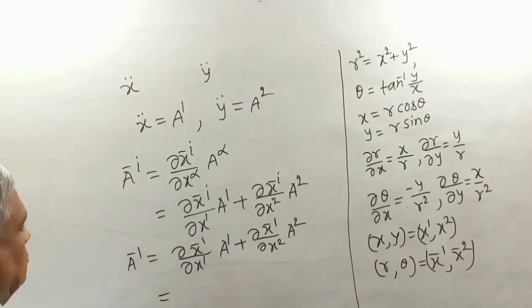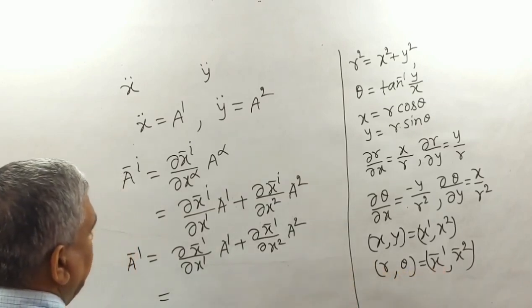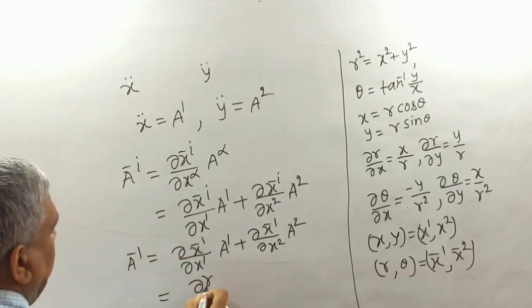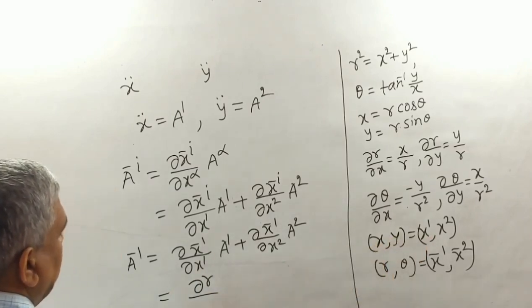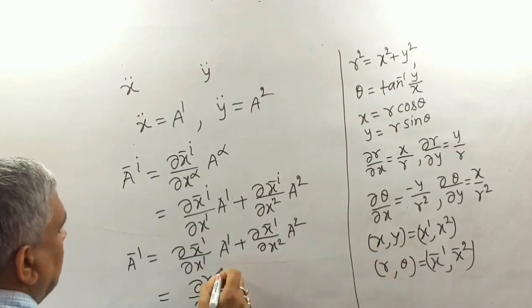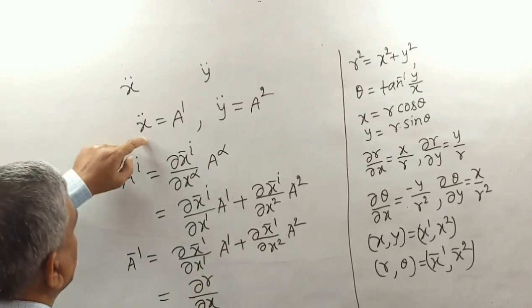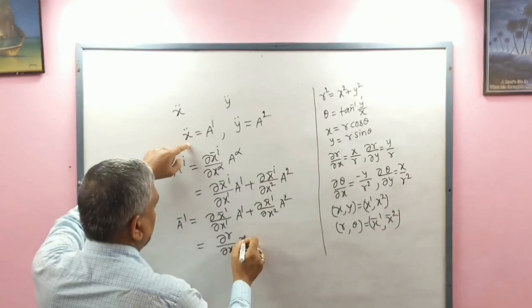This equals del r by del x times a1, where x bar 1 is r, x1 is x, and a1 is x double dot.